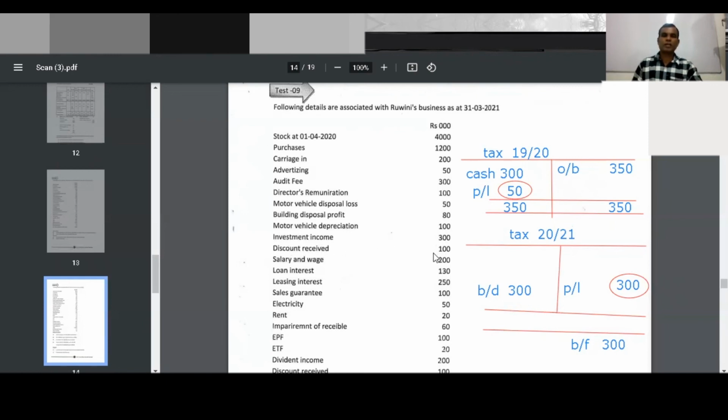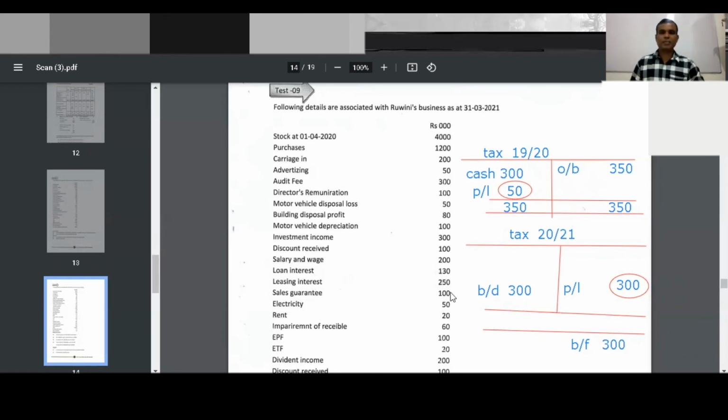Discount received 100, working number 2, other income. Salary wages, administrative expense category. Loan interest, financial and profit before tax. Leasing interest, financial and profit before tax.